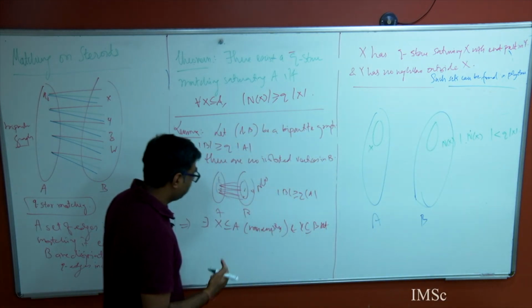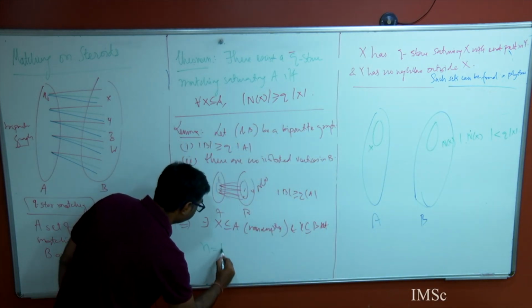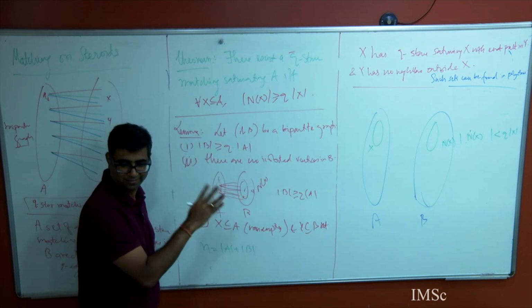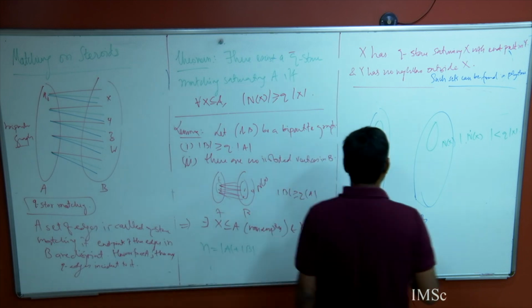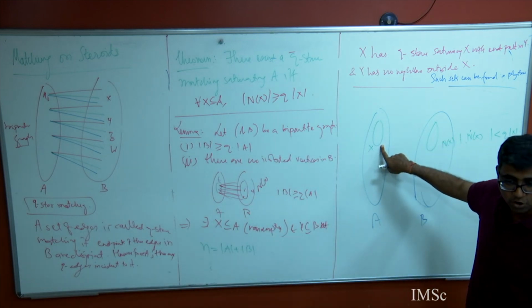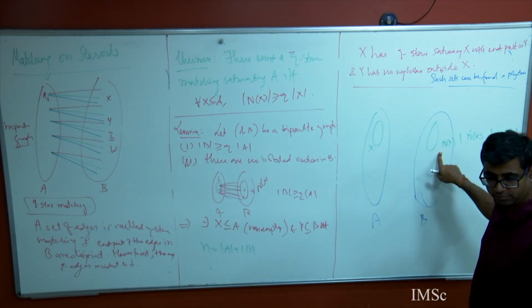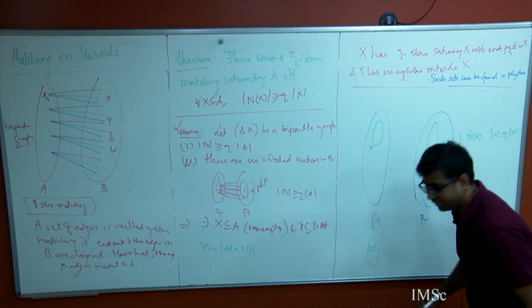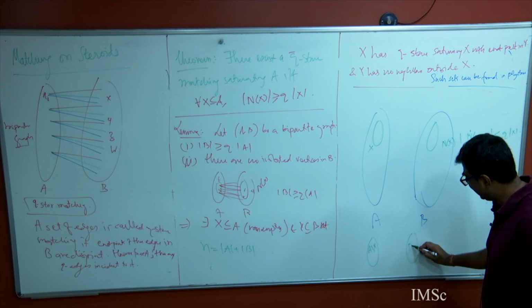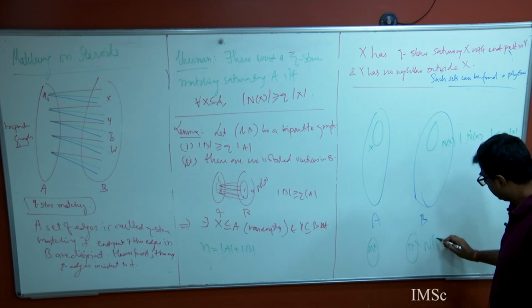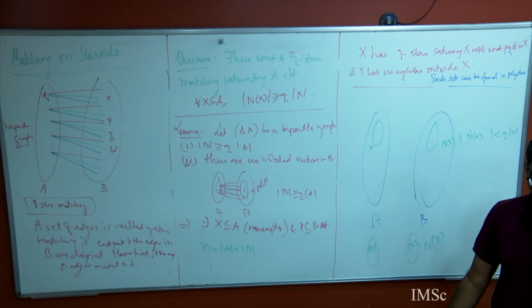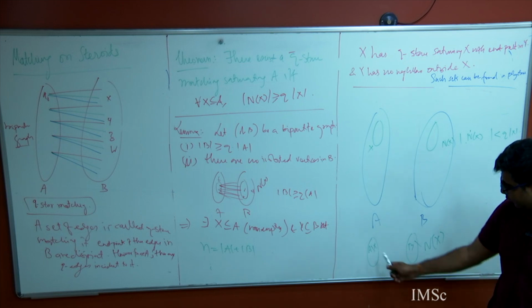So we want to apply induction on N, which is the size of A plus the size of B. The base case is fine. Now X is a non-empty subset, Y is a non-empty subset. Let's look at A minus X and B minus N of X. If I want to apply induction, I have to show some property.